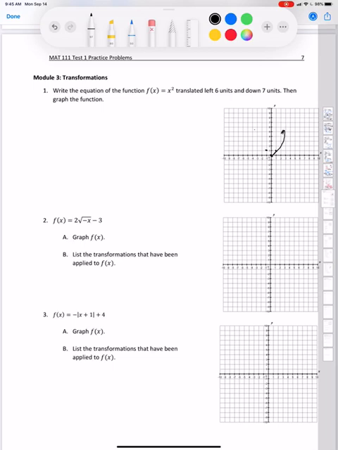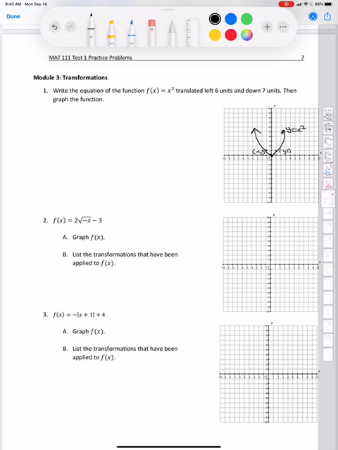So it's got a U shape to it. Here's my parent function, y equals x squared. Just to label a couple points, we know it passes through 1, 1, negative 1, 1. And we could make as many points as we wanted.